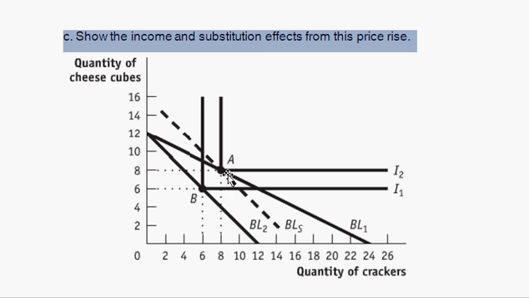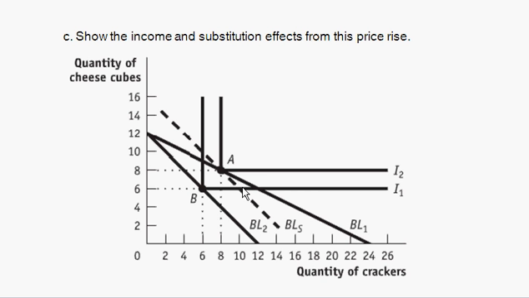However, because these are perfect complements, pushing back the budget line such that we are back on the old indifference curve takes us to exactly the same point that we were at before. So there's no substitution effect, which makes quite a bit of sense since these are perfect complements. There is no substitution in response to the price change.